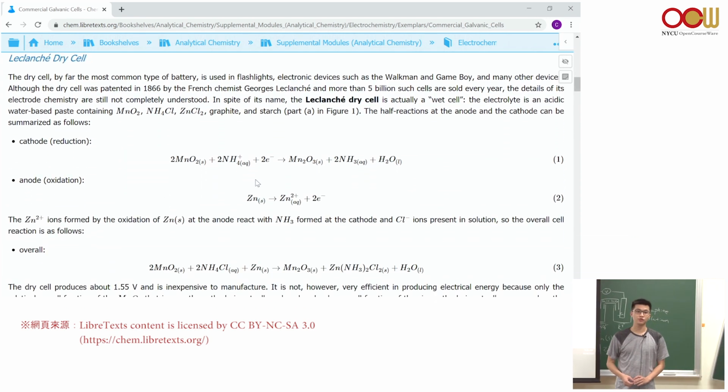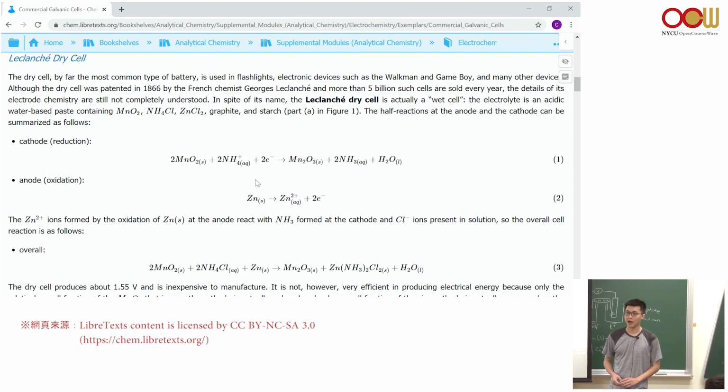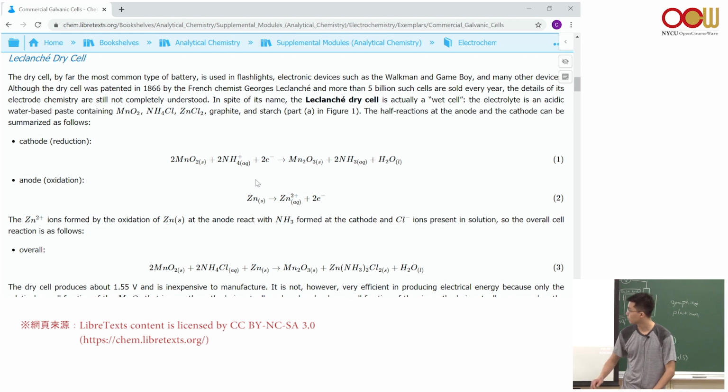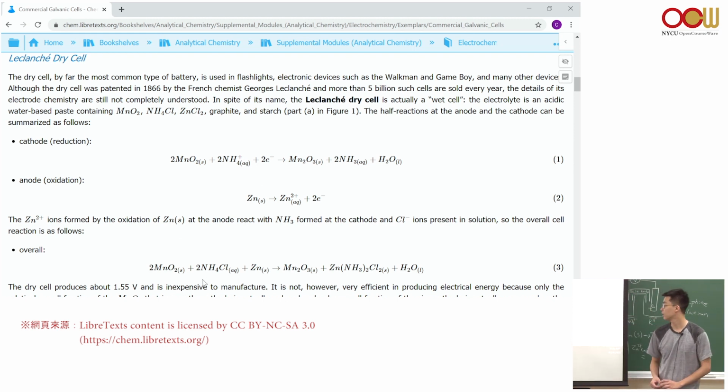I think by now you should be fairly familiar with which is the cathode and which is the anode, by recognizing what is present, okay? The overall reaction looks a little different than what you would normally see because this is the introductory course. Here, the ammonium chloride actually participates in the reaction because it functions as a ligand for your metal.